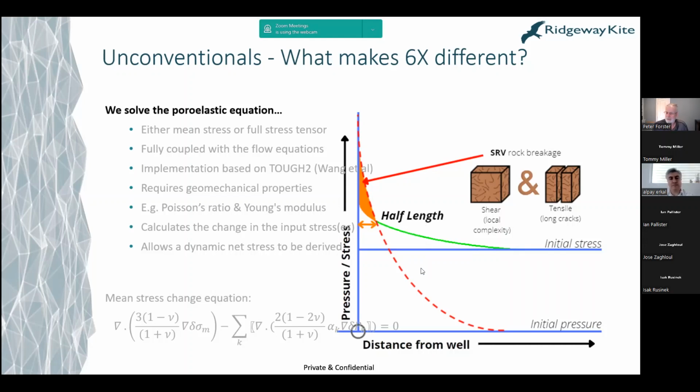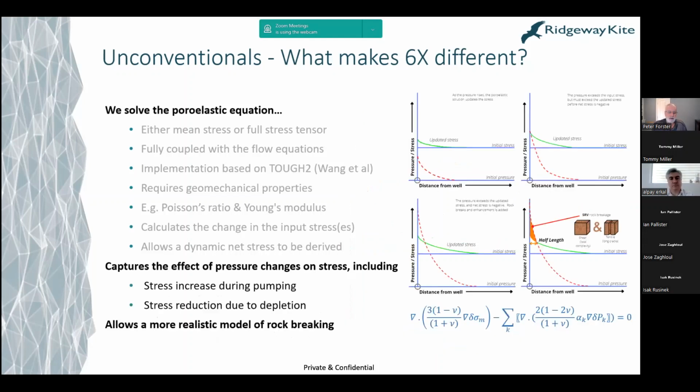Of course, this is what happens to the stress when we are pushing fluid in. When we draw fluid out, we have the opposite effect, and the rock becomes easier to break because the stress reduces with the depletion. So there's an increase in stress during pumping and a reduction in stress during depletion.